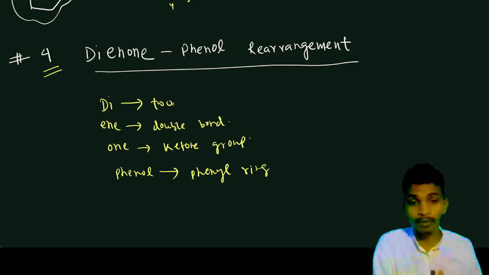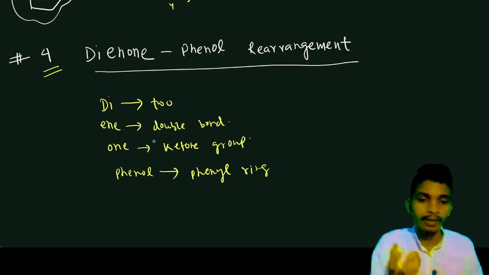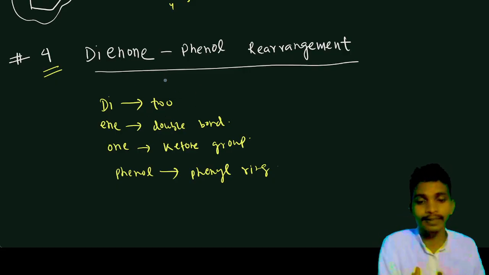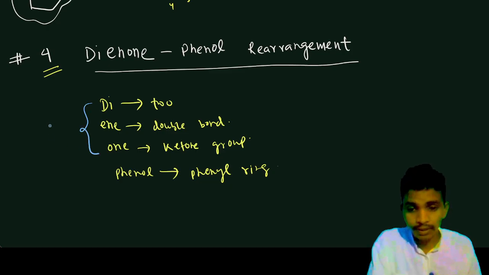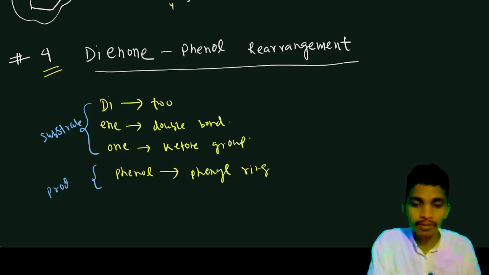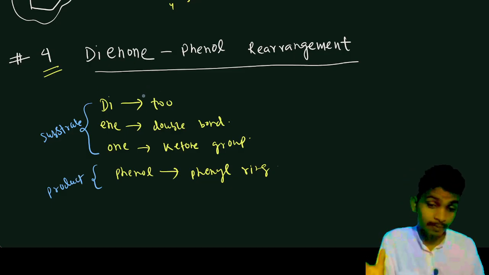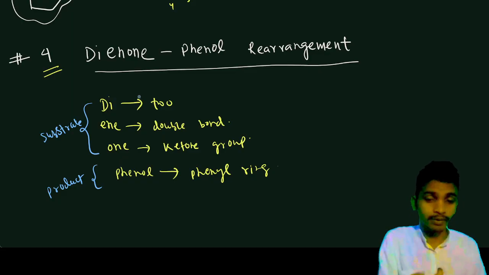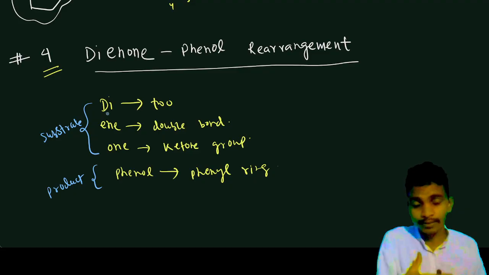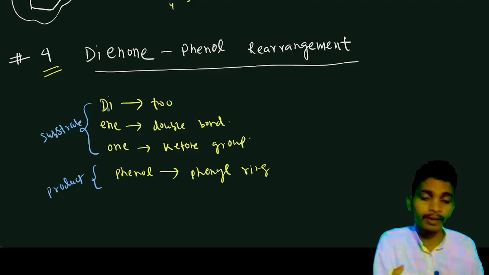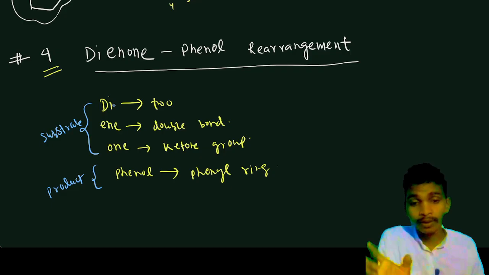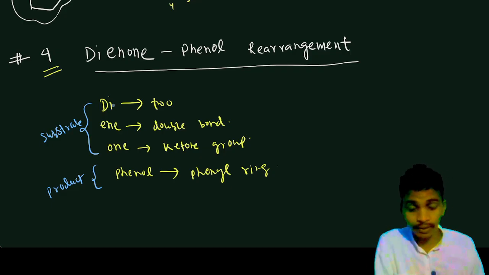This is what the name reaction says: dienone is the substrate, and phenol is going to be the product. So memorizing these name reactions gives a little benefit, because from the name we understand what the substrate and what the product is.